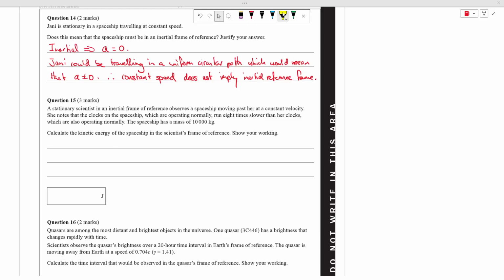Okay, so that means your time. No, so how do I put this? It means that the time taken for things to happen from the scientist reference frame, when measuring how long a similar thing would happen in the spaceship's reference frame, that time has been dilated.